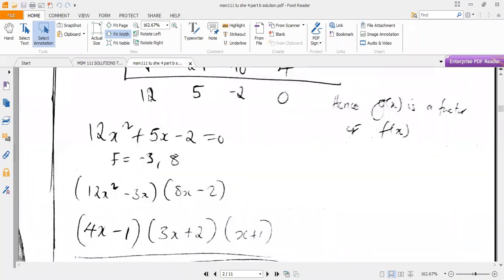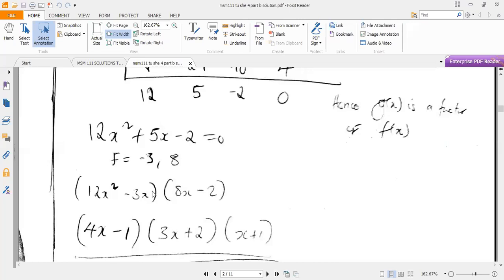So now, you know that 4x squared plus 5x minus 2 is equals to 0. So now, I want to complete the factorization using the last part now. What are our factors? We know that our factors are negative 3 and 8. So now, when you do the factorization, I believe by now you are good at factorization. So when you do those factorizations, you find that you have 4x minus 1 when you do the manipulation for this guy.